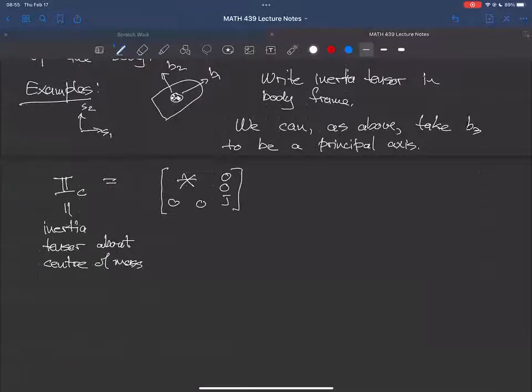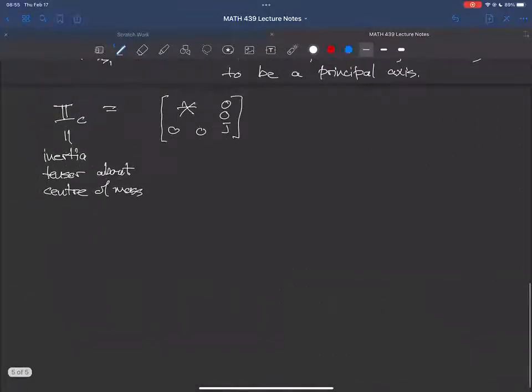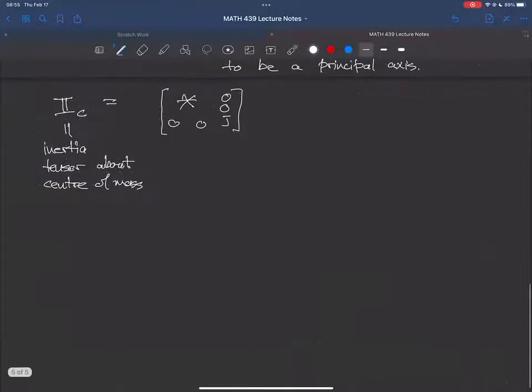Okay, so that's what our inertia tensor looks like there. All right, so we had this other example that we looked at too, but for inertia tensors, it doesn't really contribute anything important.